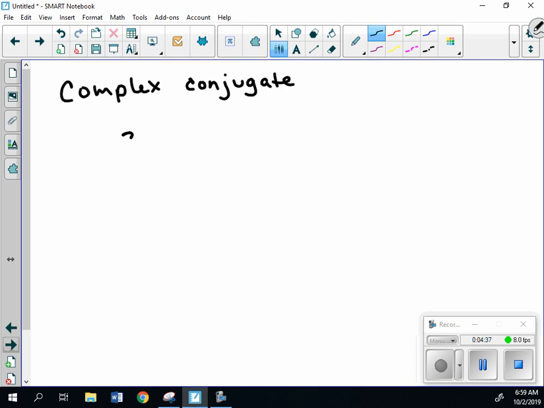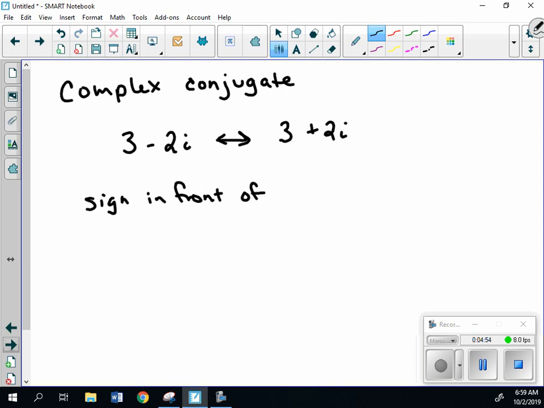If I were to have 3 minus 2i, the complex conjugate is going to be 3 plus 2i. So the sign in front of the i switches or goes to the opposite. And it has to be the sign in front of the i. Sometimes the i might be listed first, so you're going to have to use that negative or positive in front of the i term.